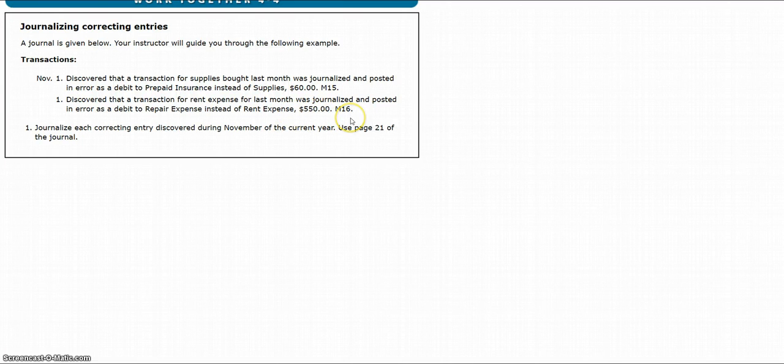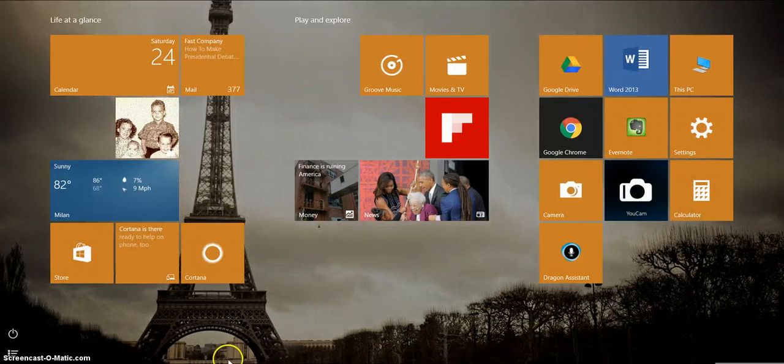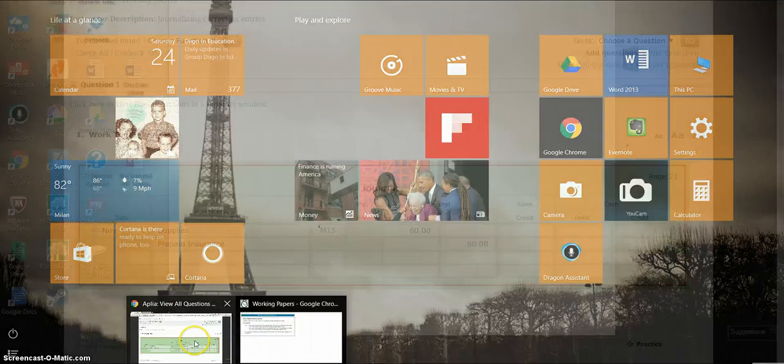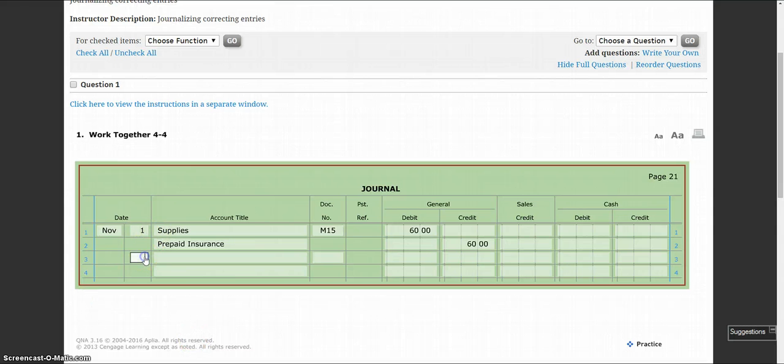And this was also on November the 1st, and it was a memorandum. Okay, November the 1st. Going to enter my debit first, so this is going to be rent expense. I know this happened because we have memorandum number 16.